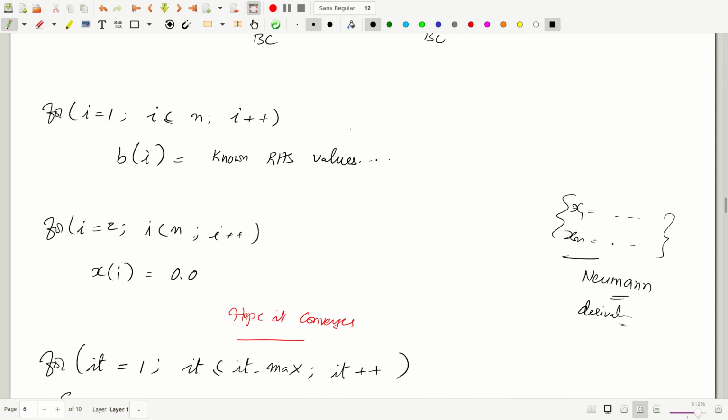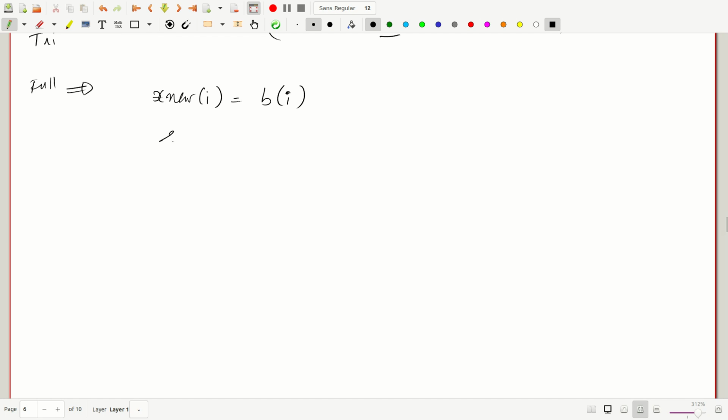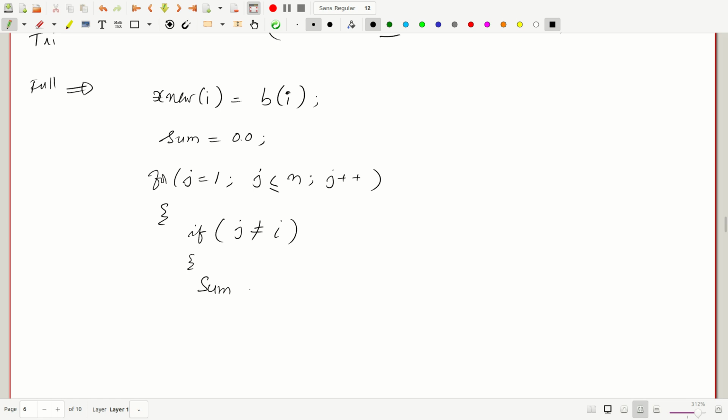You would declare another variable called sum equals 0.0, and then for j equals 1, j less than or equal to n, j plus plus, and then if j not equal to i, you would have sum equals sum plus a_ij multiplied with x of j.